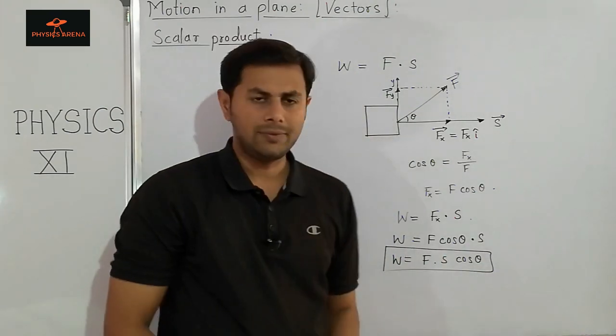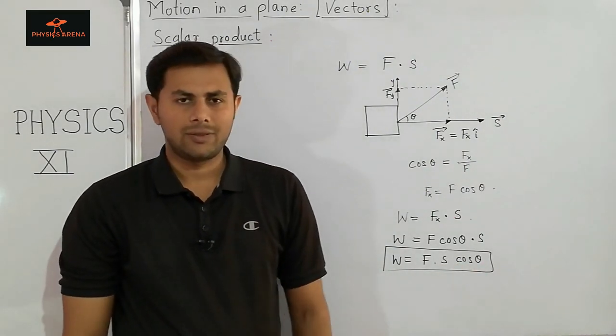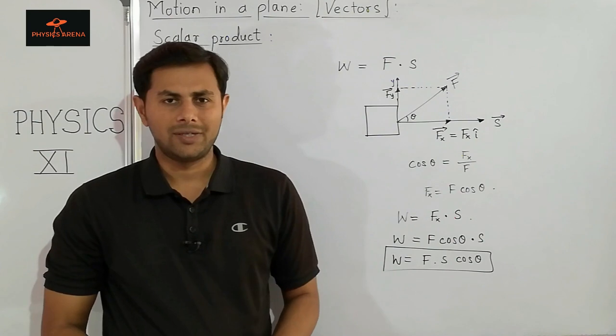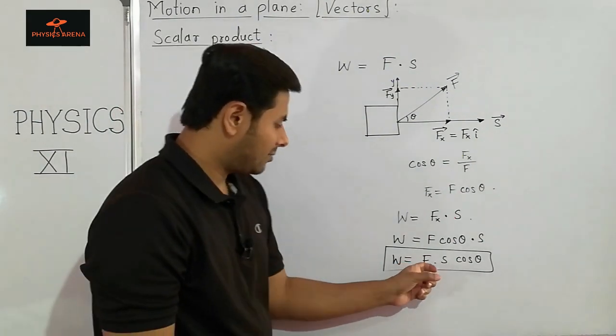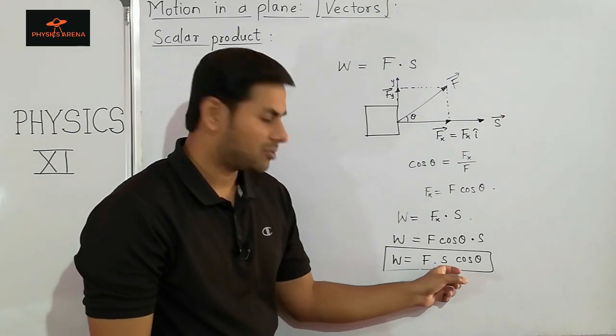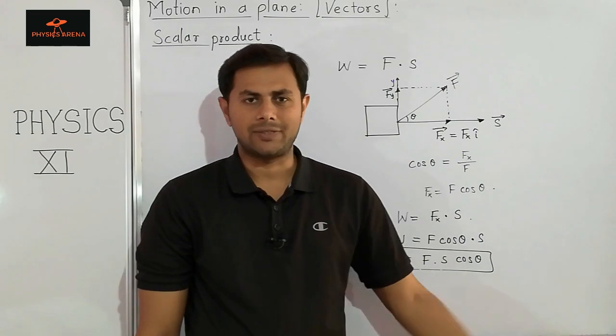So this is the work done, and we got here the rule to find the scalar product of two vectors. The rule is like this: magnitude of the first vector into magnitude of the second vector multiplied by the cosine of the angle between the two vectors.